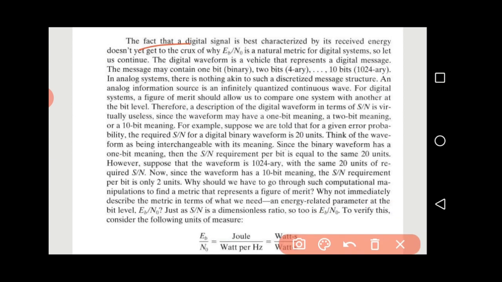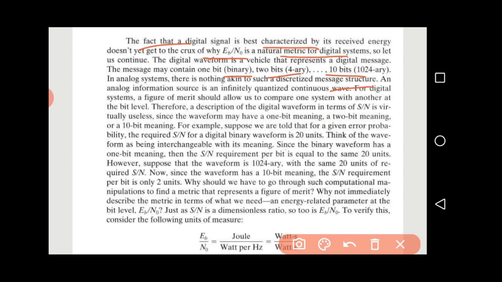The fact that a digital signal is best characterized by its received energy doesn't yet get to the crux of why Eb/N0 is a natural metric for digital systems. So let us continue. The digital waveform is a vehicle that represents a digital message. The message may contain 1 bit, 2 bits or 10 bits. In an analog system, there is nothing akin to such a discrete message structure.